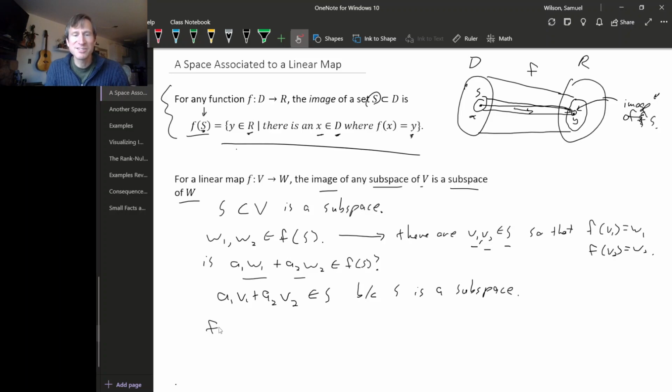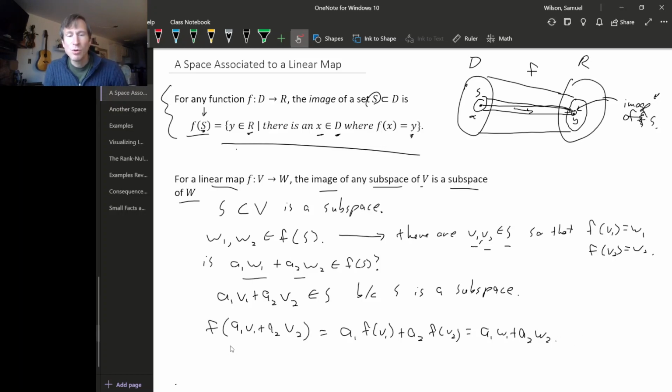All right, well now let's see, what does F do to A1V1 plus A2V2? Well, we're assuming F is a linear map, so we can use preservation of structure to rewrite this as A1F of V1 plus A2F of V2, but that's A1W1 plus A2W2.